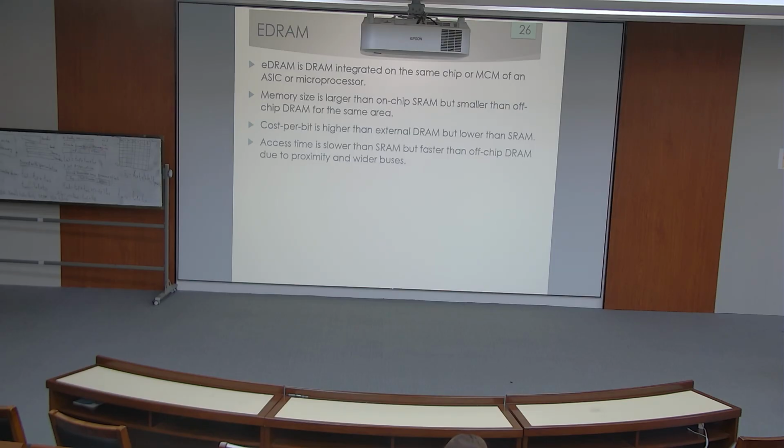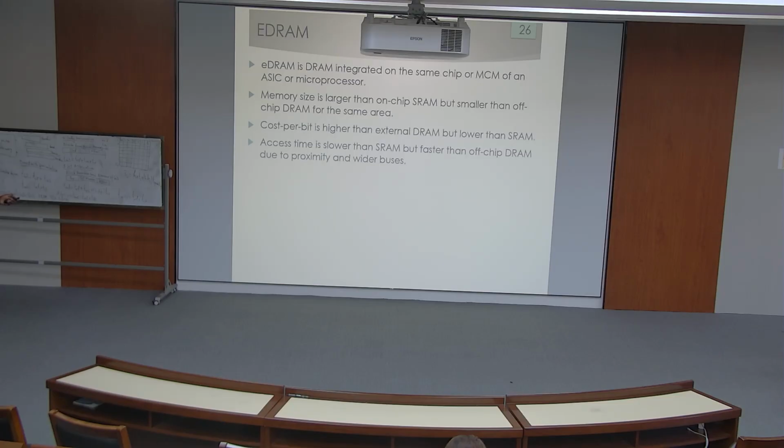So we need a memory size which is bigger than on-chip static RAM, but smaller than an external DRAM for the same area. So the cost per bit is higher than external DRAM, but lower than static RAM.